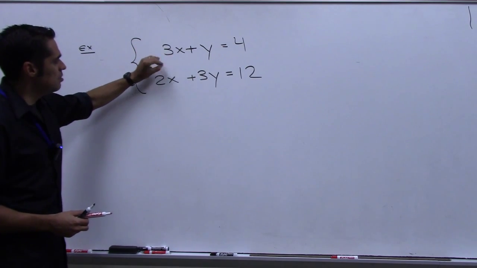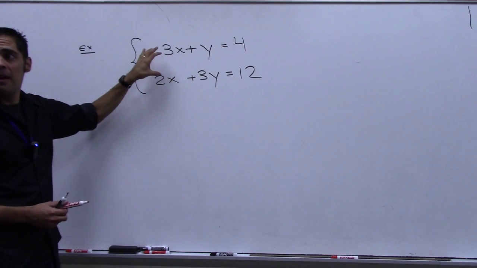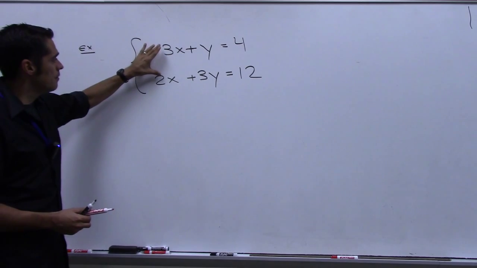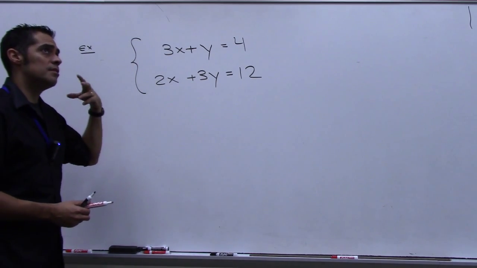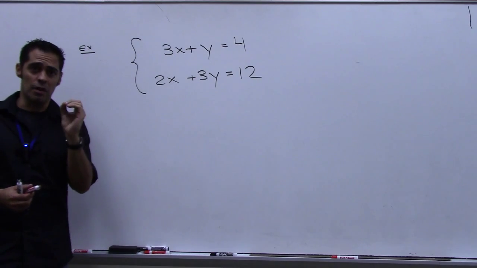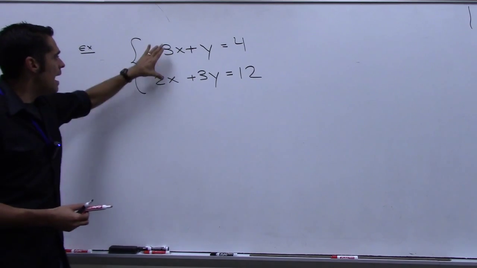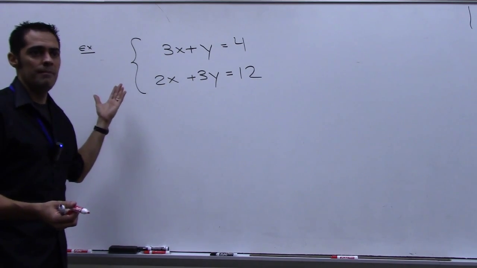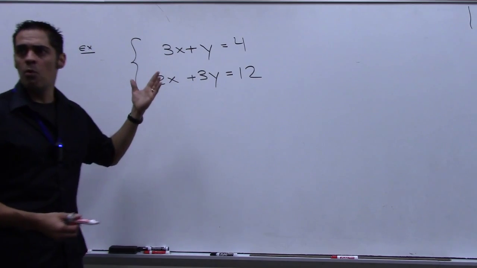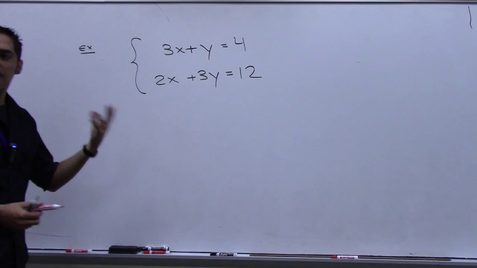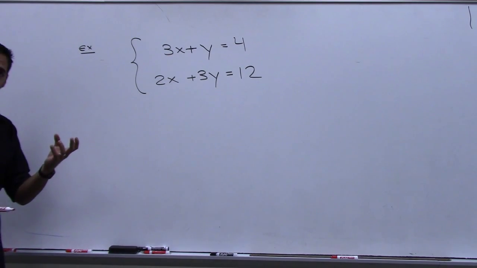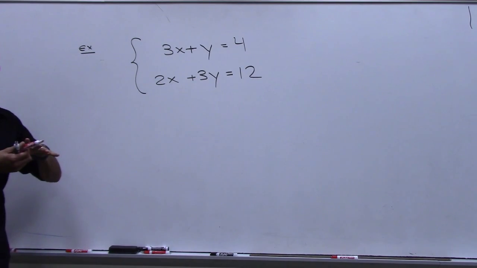If you were to add them, what would you get? 5x, right? What you're looking for is to add them together and get 0. So if I add these together, I don't get 0, right? If I add these together, I get 4y. I still don't get 0, right? So I need to somehow tweak it to make it add to be 0.